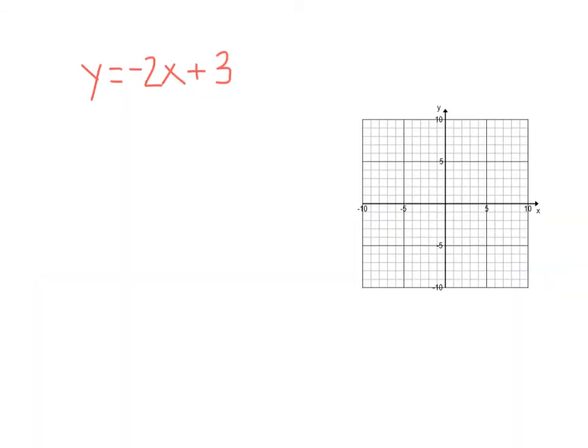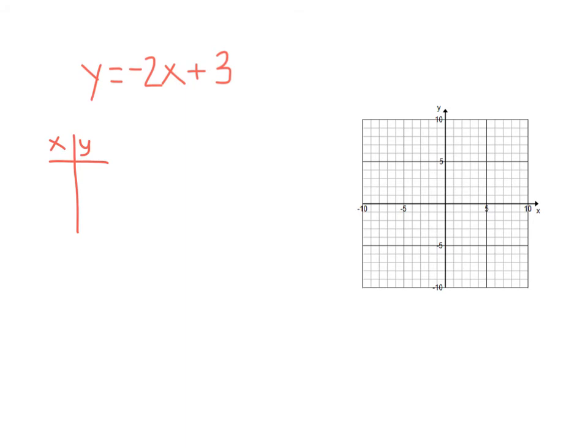The last thing I want to show you in this review is that you can always use a table to graph a line. Okay? If you forget that this is in y equals mx plus b form, or you forget how to graph in some other form that you've got in front of you, you can always fall back on the good old xy table of values.